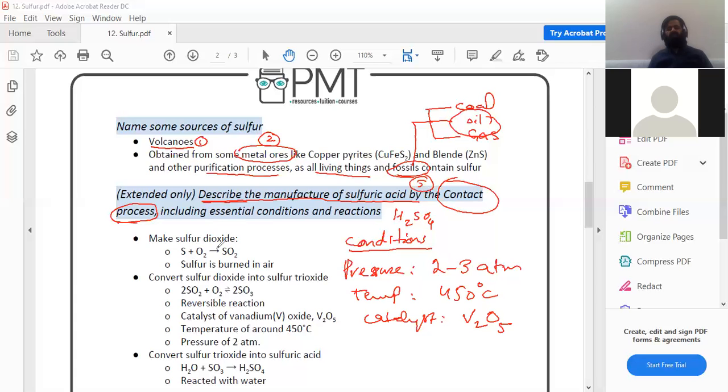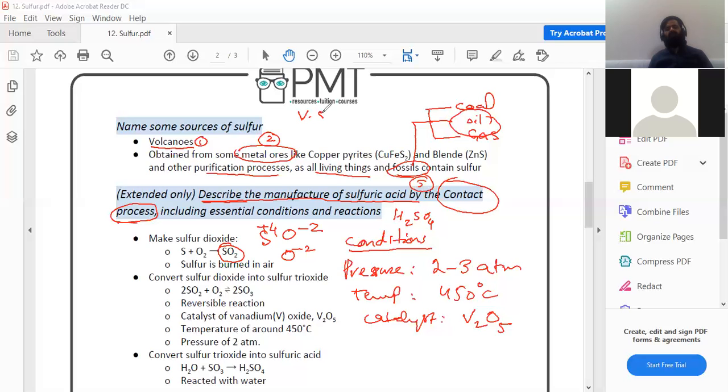First, they change sulfur into sulfur dioxide. This process is called the formation of sulfur dioxide. When they burn the sulfur with air, which contains oxygen, sulfur is changed into sulfur dioxide. The actual name of sulfur dioxide is sulfur(IV) oxide, because in this oxide form the oxygen's -4 is compensated with sulfur having a valency of 4, because sulfur has variable valency.